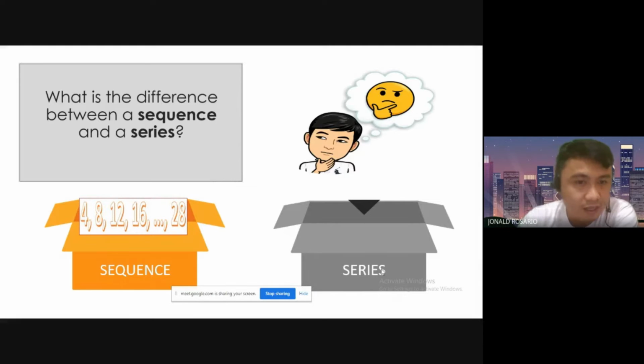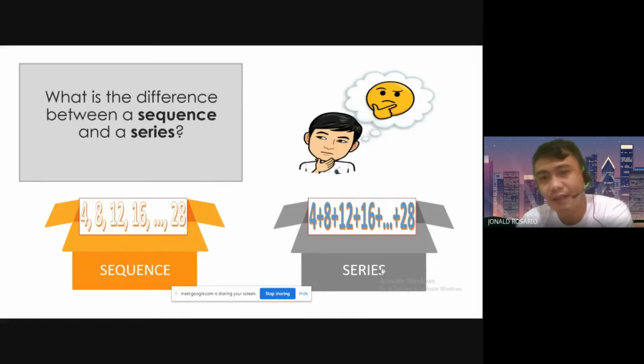Ganyan ang nakalagay dun sa box ng sequence: we have 4, 8, 12, 16, and 28. And on the series naman, we have 4 plus 8 plus 12 plus 16 plus up to plus 28.